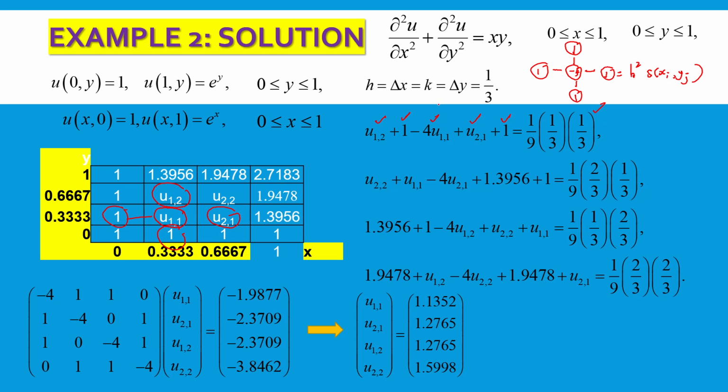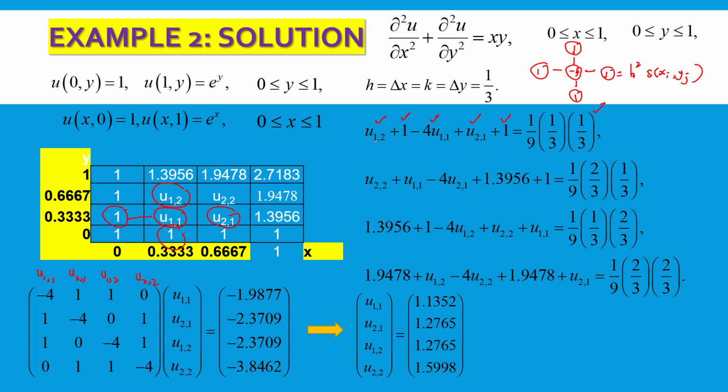For the first equation, if you put it into matrix form, you may label the columns to guide you to key in the coefficients: u11, u21, u12, u22.